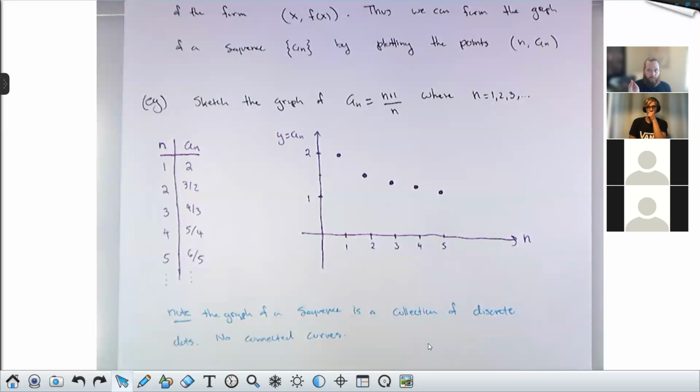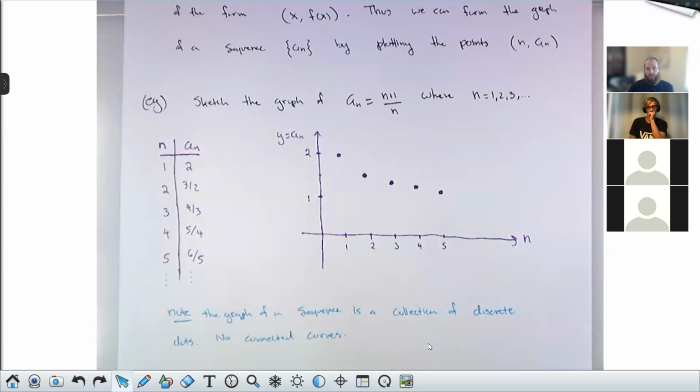Our game here is not going to be, I give you a sequence, you find me the real valued function that does the same thing. But I do want to find some calculus operation we can apply. Given that the graph of a sequence is just a collection of dots, there's no way to talk about continuity.